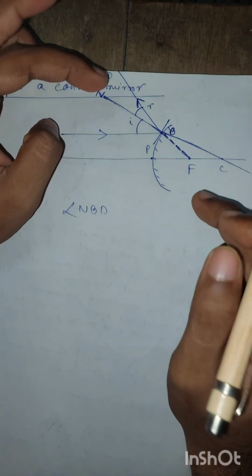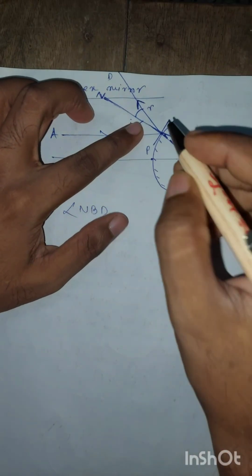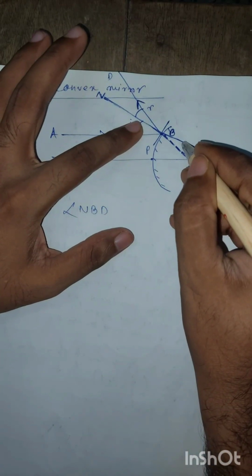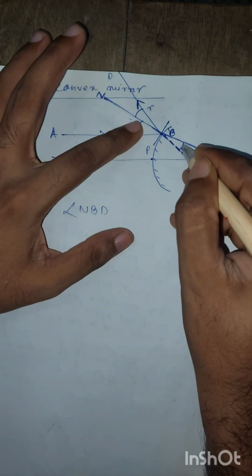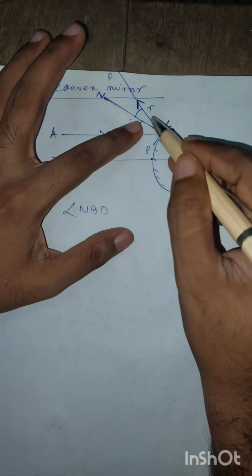When they intersect each other, they form vertically opposite angles.